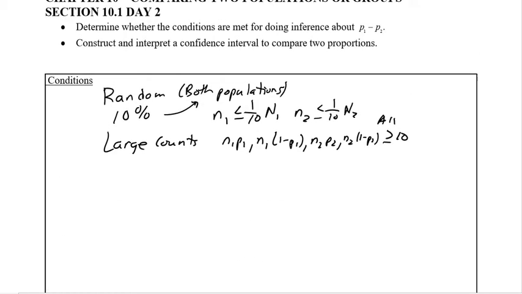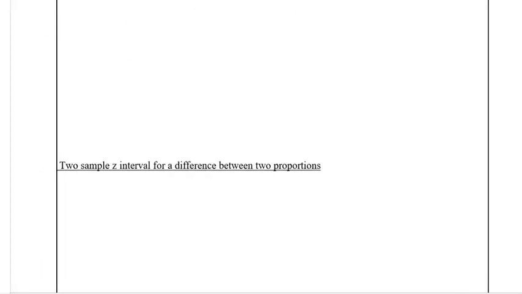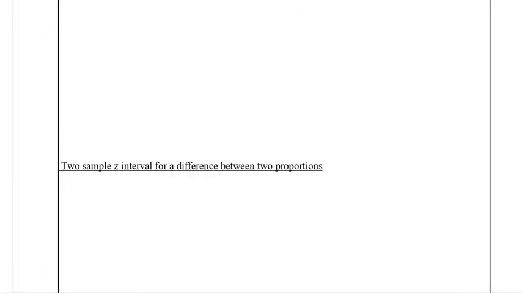So if we're going to compare these, we're going to make a confidence interval. We're going to make what's called a two-sample Z interval for the difference between two proportions. And it looks like this.